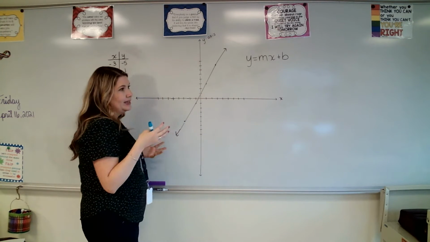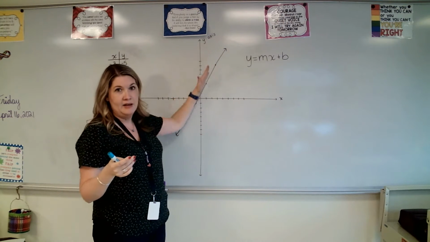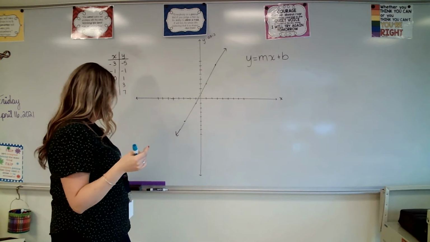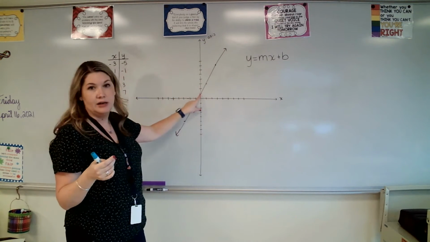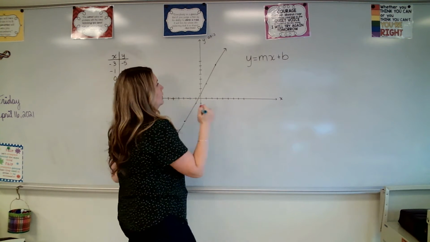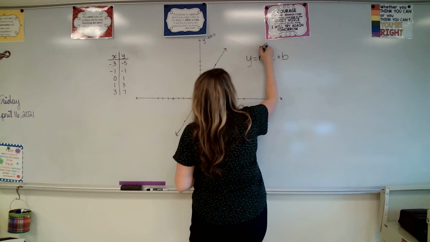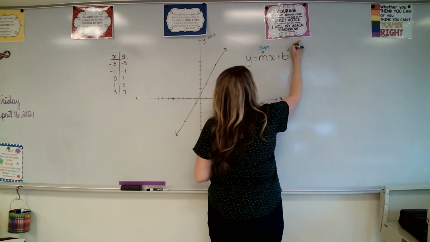But the slope and the y-intercept are always going to be the same when I'm talking about this line. The slope is not going to change at any point in the line, even if you go all the way down here. And it's always going to have the same y-intercept because it can only cross the y-axis in one place. So my m is my slope. My b is my y-intercept.